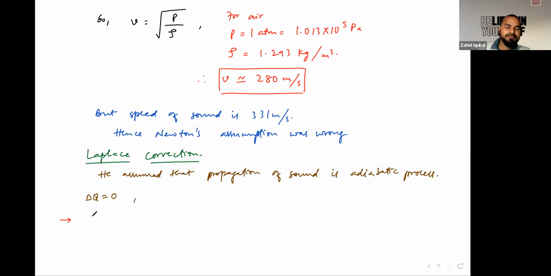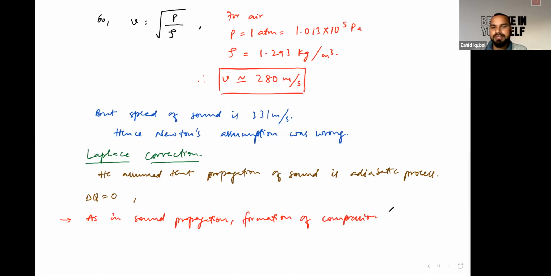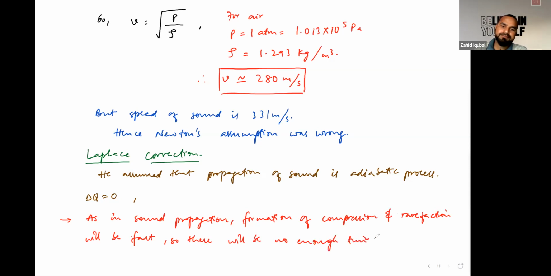So you will say, as in sound propagation, formation of compression and rarefaction will be fast, so there will be no enough time for exchange of heat.